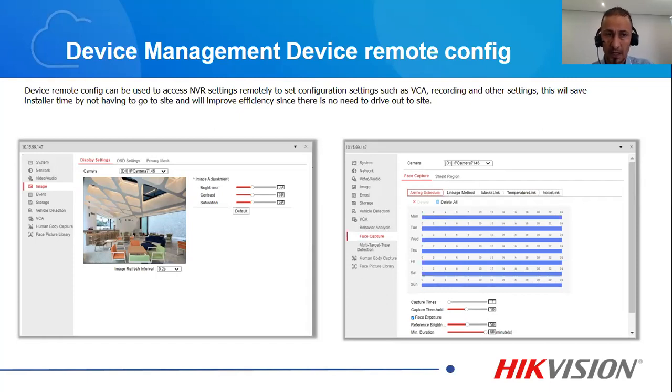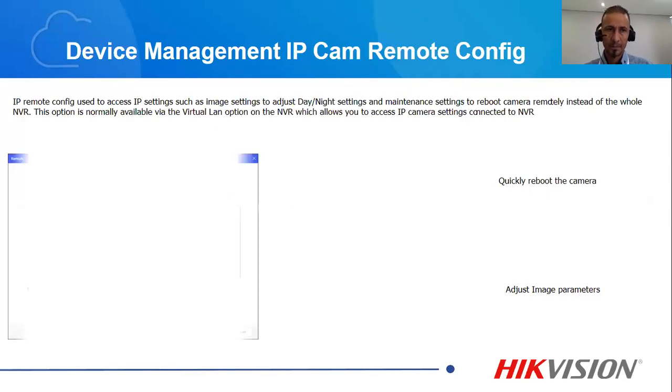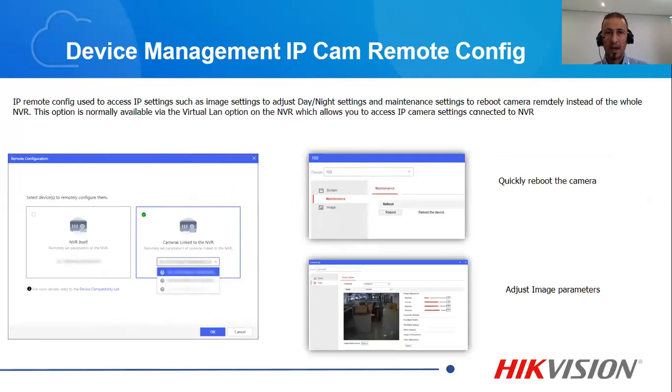We're able to change the brightness of our physical settings. We're able to set our events. We're also able to look at our storage. Like I mentioned, this is to save time also. We don't have to physically go to site to do one or two configurations for the client. The other option that we've integrated right now is for IP camera remote configuration.